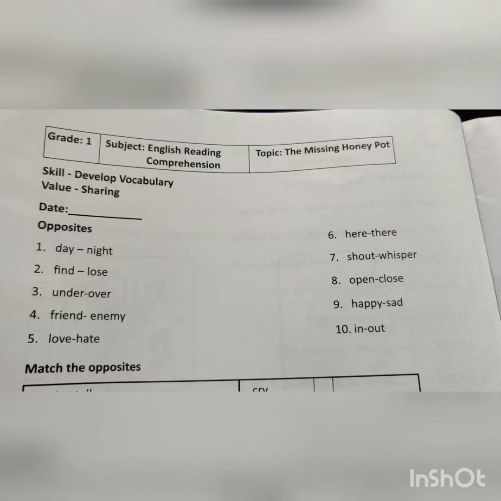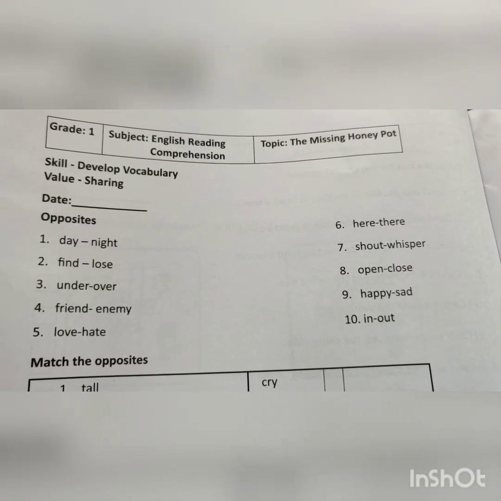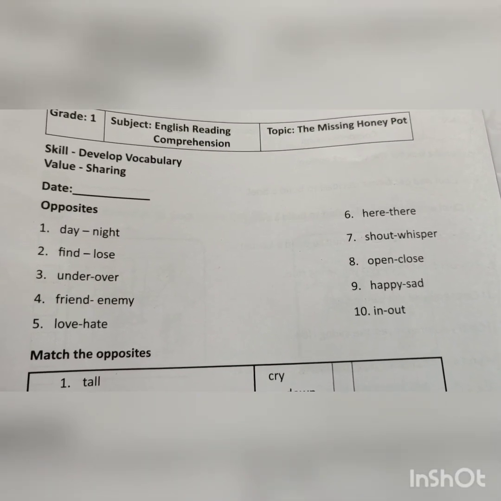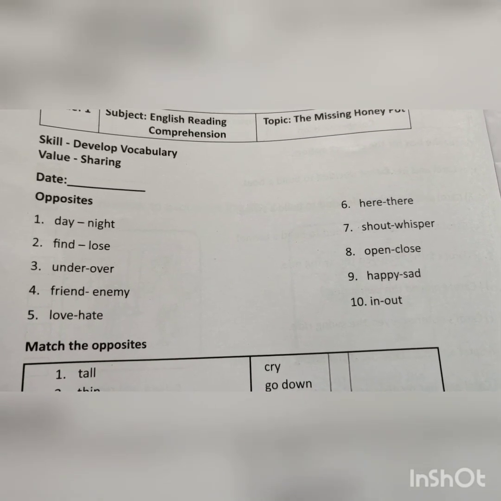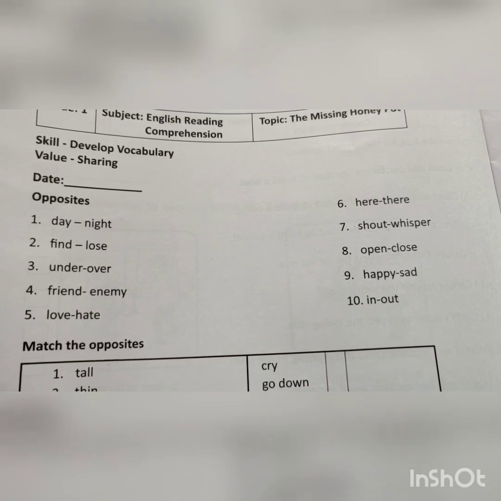Now let's take out your English reading comprehension practice book, page number 14, and go through some more examples. Now let's see these opposites on our page number 14. The first one is day and night. Find, lose. Under, over.